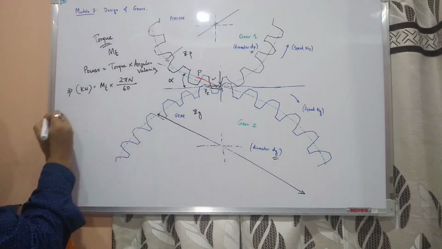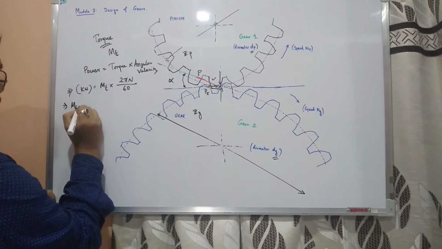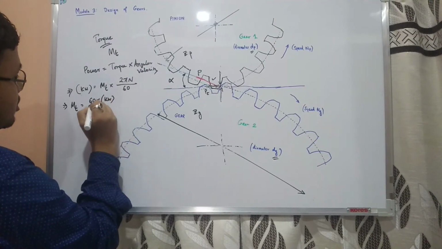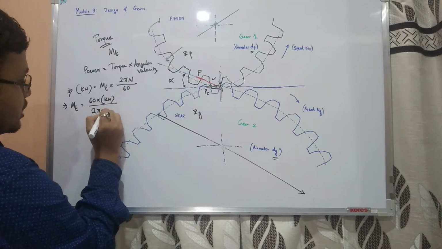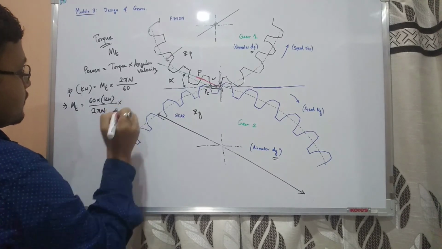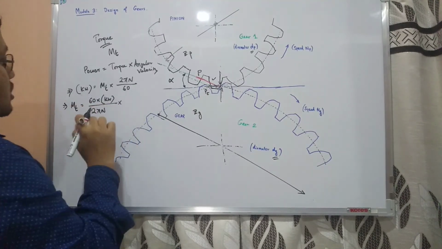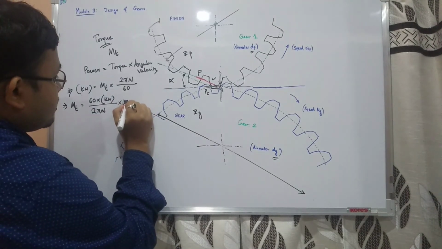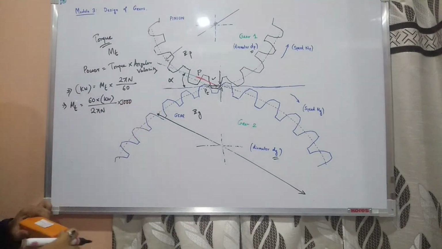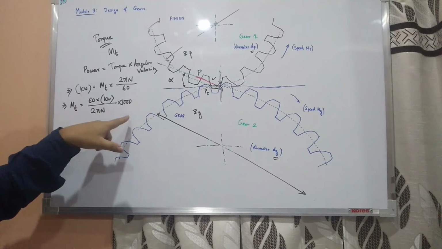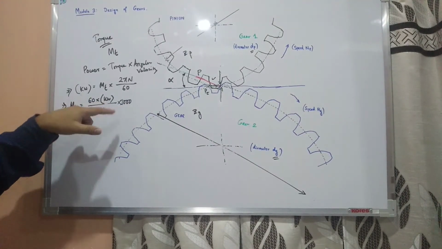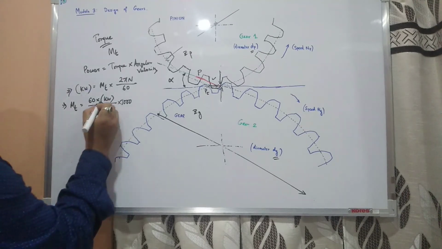Now we find out Mt from this. That is 60 into power in kilowatt divided by 2 pi N. Now you see this, to convert this in kilowatt we have to multiply 1000 with this. I mean we have actually divided by 1000 to make it kilowatt. That's why it will be multiplied on this side.